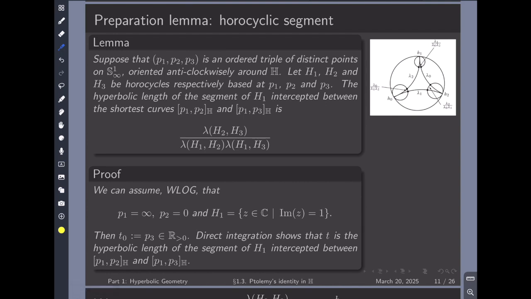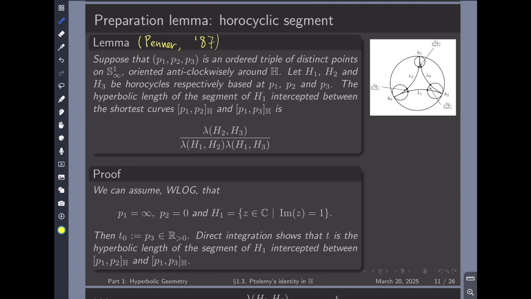I think this was also proved by Penner in the 80s, in '87, if I'm not mistaken. And it says the following.